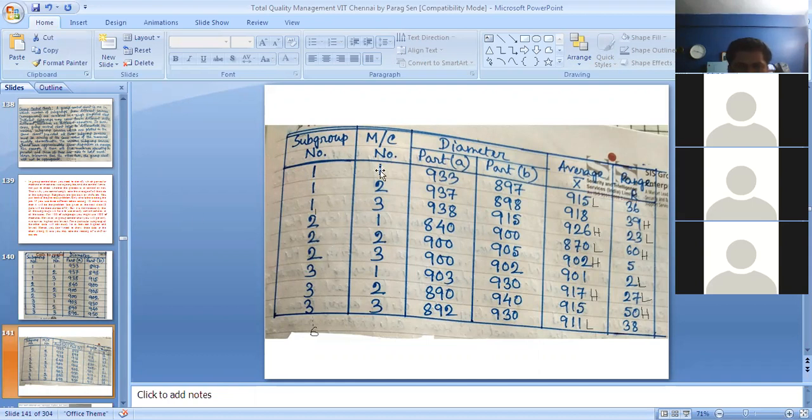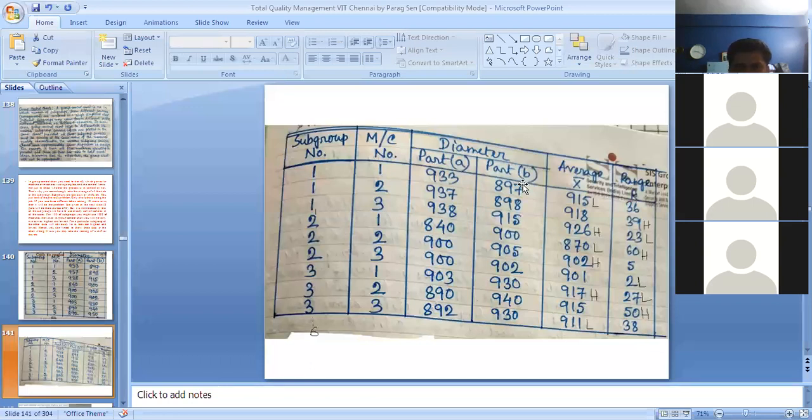Suppose this is shift number 1, you are using all those 3 lathes. This is shift number 2, you are using all those lathes, and this is shift number 3, you are using all those lathe machines. And instead of 6 shaft processing, you are using only 2 shafts, or you are dealing with only 2 parts.